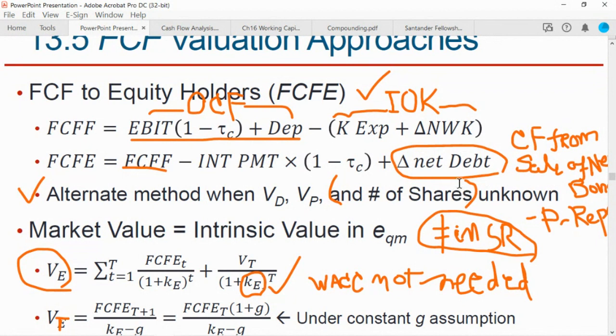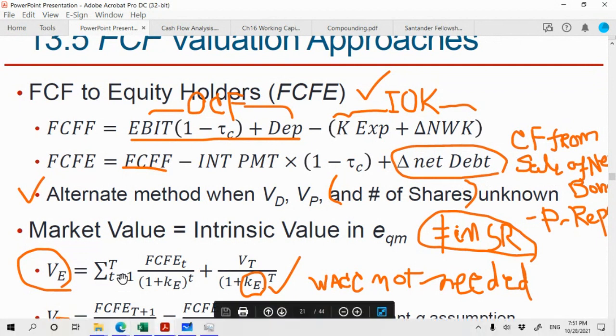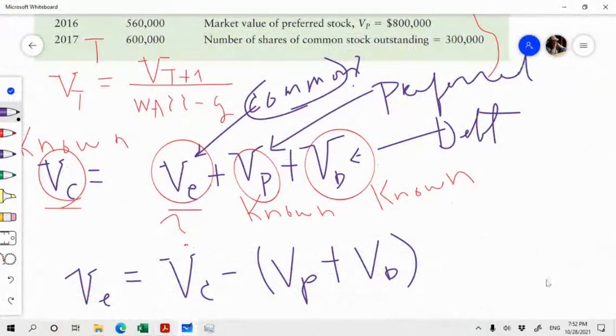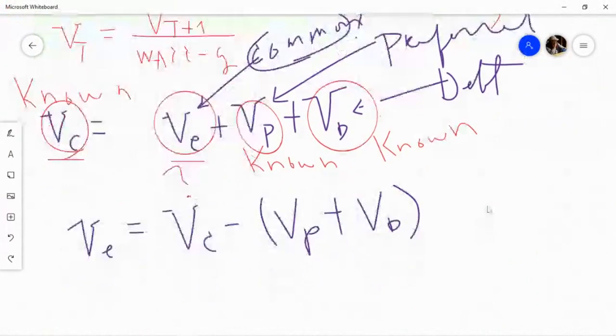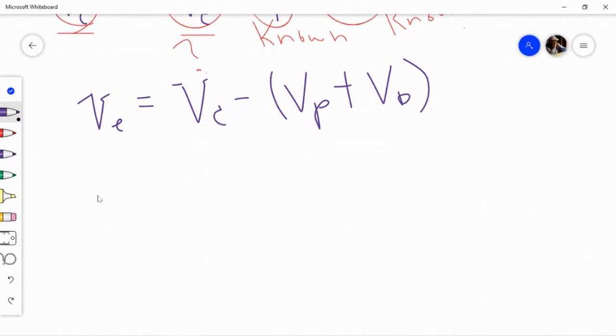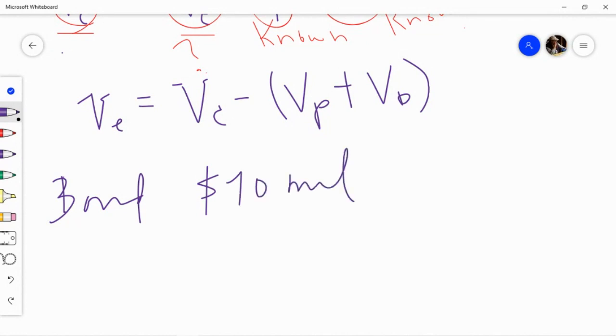Think about it. What that means is, suppose the company sold a bond of $10 million, right? And it's, let's say, a 10-year bond.